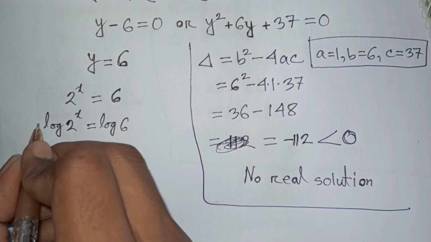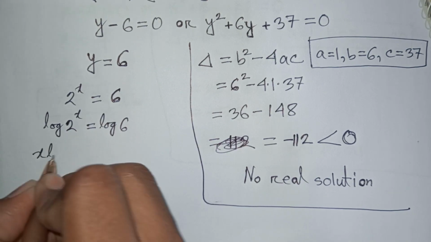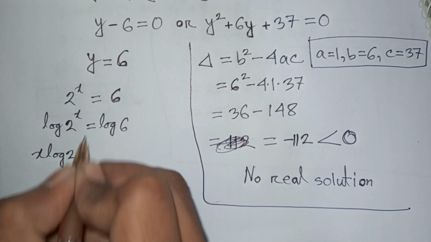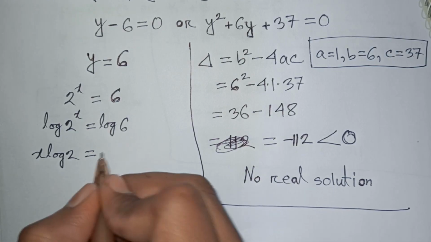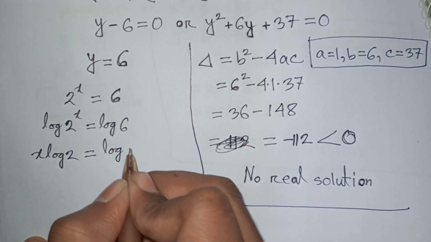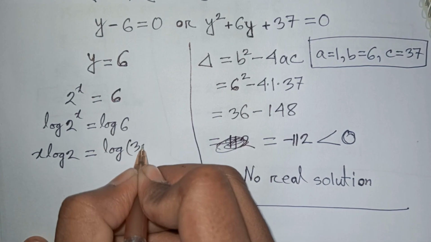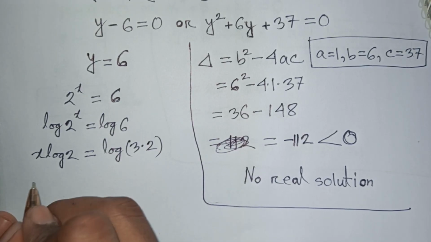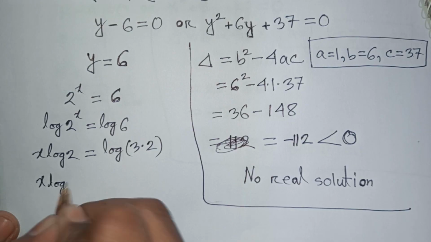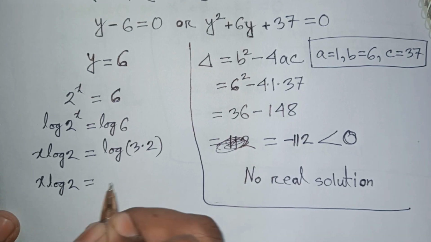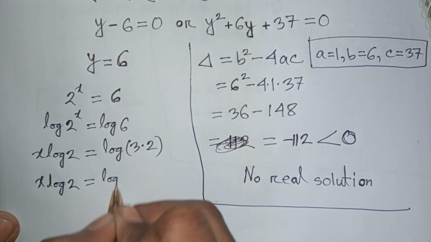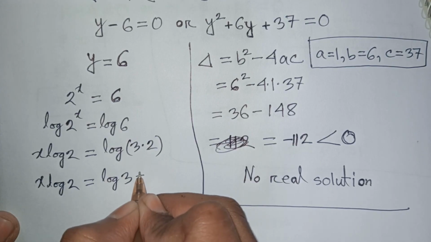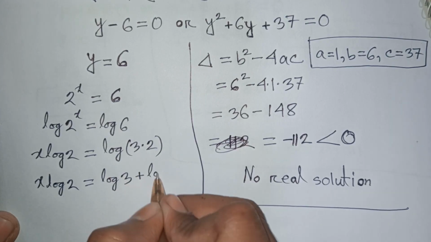So this power x will move to the front. So it will be x log 2 is equal to log 6, which is the same as log of 3 times 2, which is the same as log 3 plus log 2.